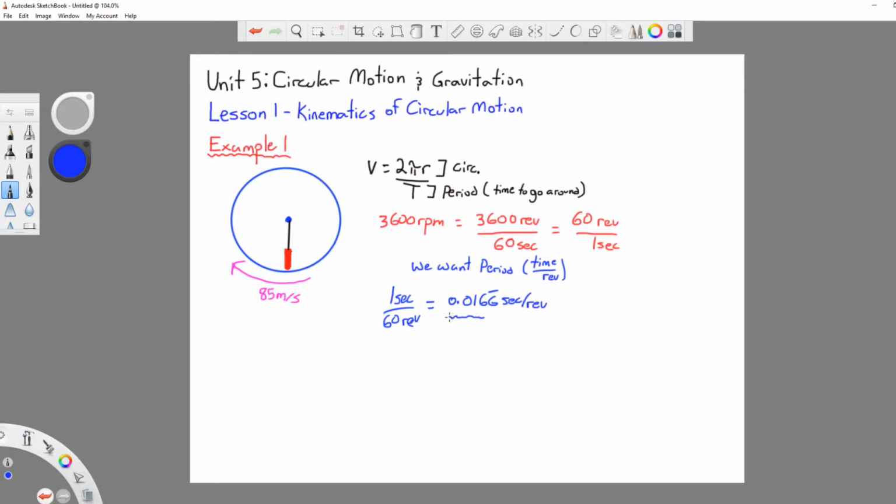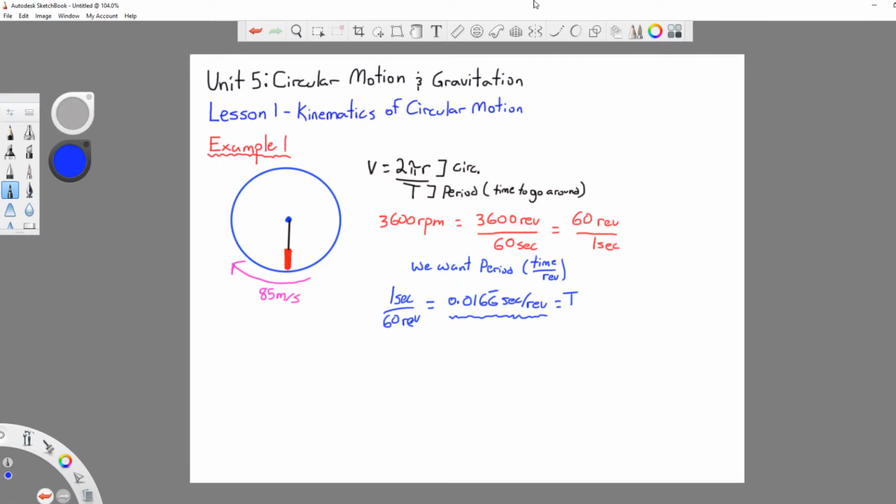And that, folks, is a very useful value because that is our period. Amount of time, 0.0166 seconds to go around one time.